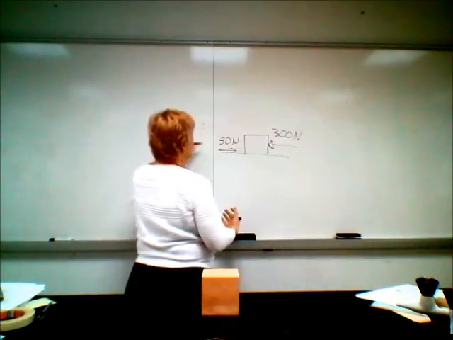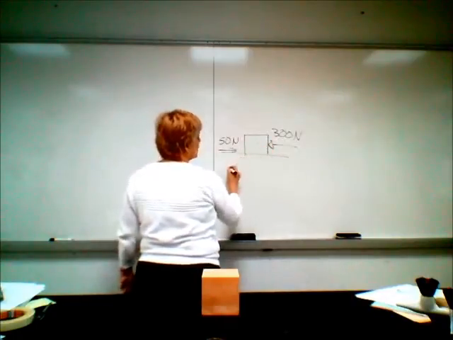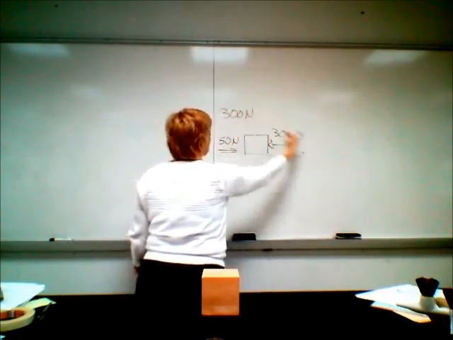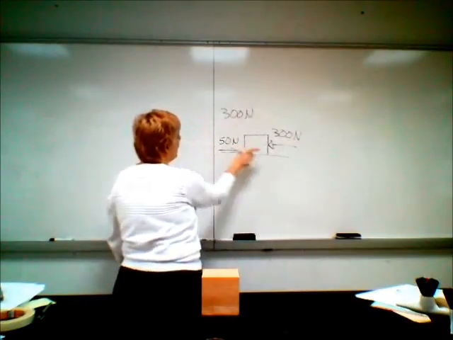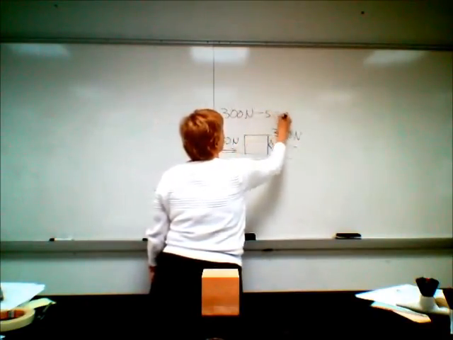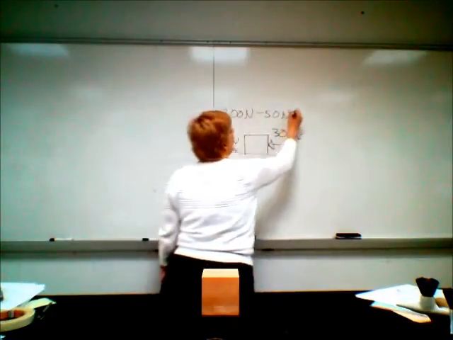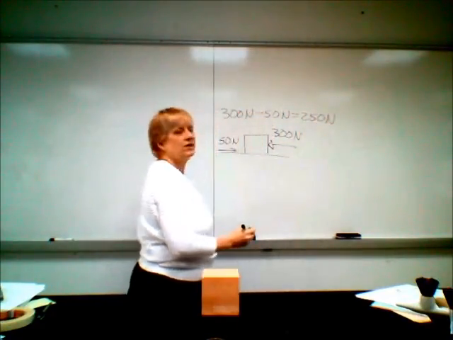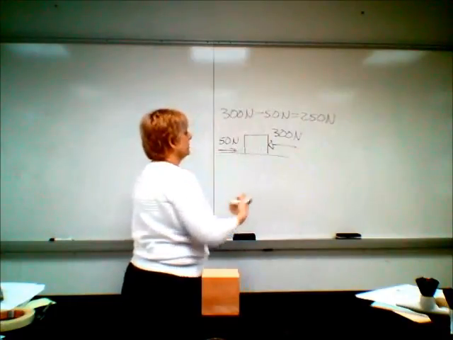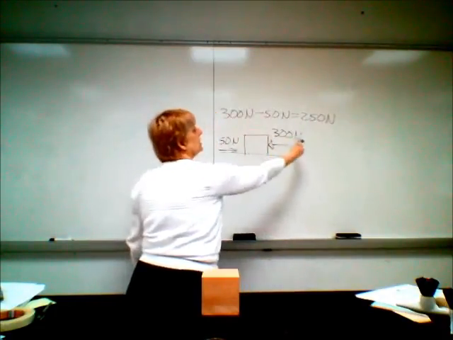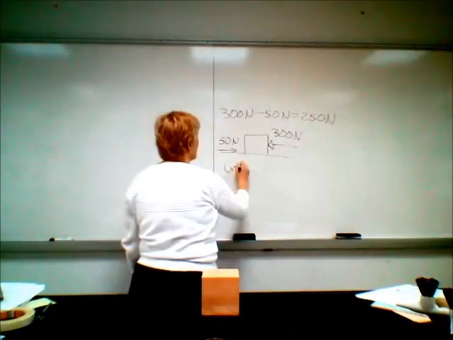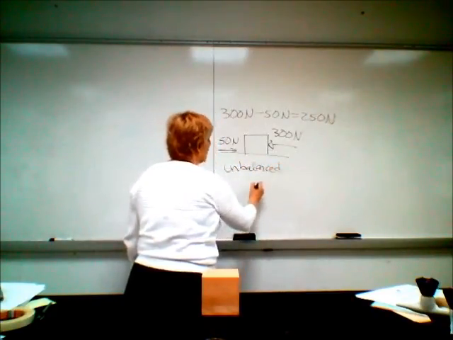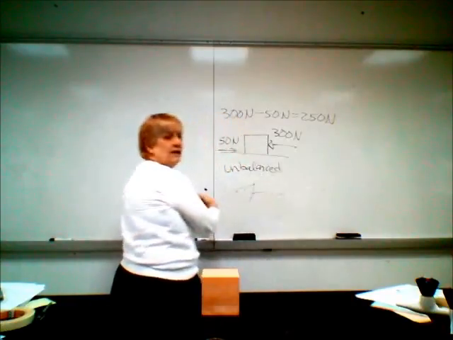I'm going to pick this to be the negative direction, just because I want to. So 300 newtons of me pushing in this direction minus the 50 newtons of the friction in the other direction, I have an overall net force of 250 newtons. In which direction? In the positive direction, in this direction. So this is unbalanced, and because of that, the block is going to move in this direction.